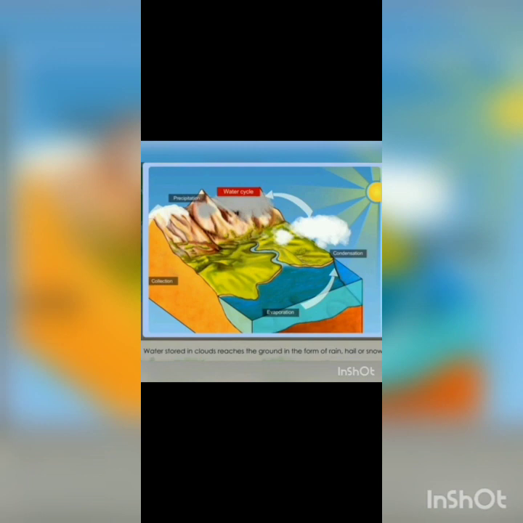The first is evaporation: change of water into water vapor. Second, change of water vapor into water drops is condensation. Third is precipitation: water stored in clouds reaches the ground in the form of rain.